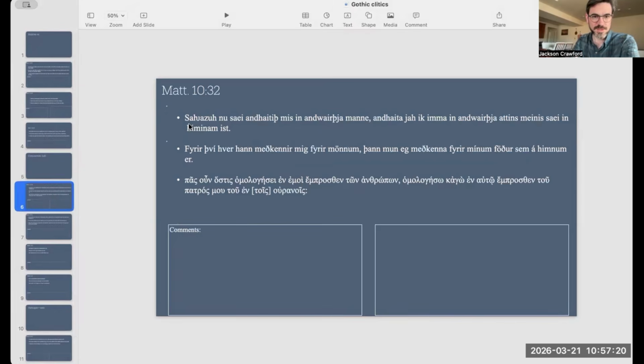The really difficult one for people is often this: "sahwazuh". So you've got three pieces of this compound here. "Sa", again, that familiar masculine nominative singular, that one.